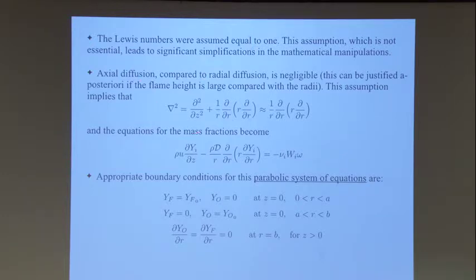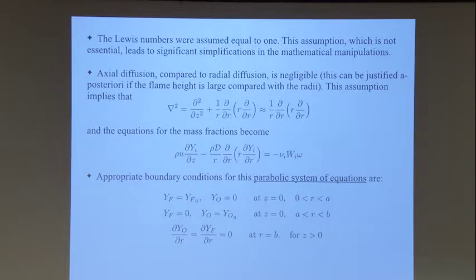Now, in principle, what you are solving now is a two-dimensional problem. So conduction and diffusion would all appear as the Laplacian of some variable, right? Laplacian of Y or T. Unfortunately, this is a complicated elliptic problem, and so it's quite difficult to solve.